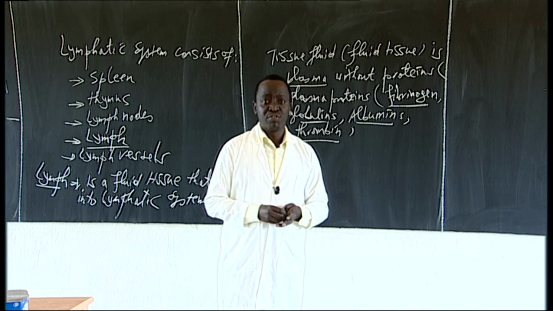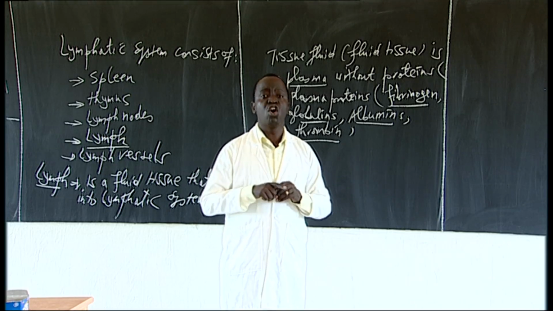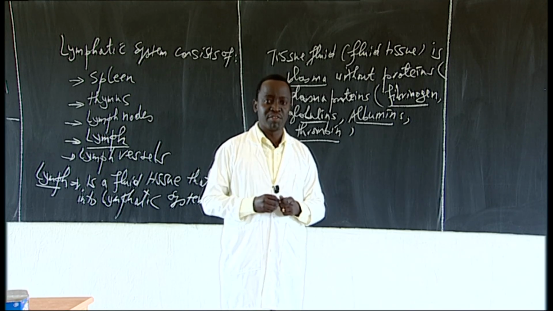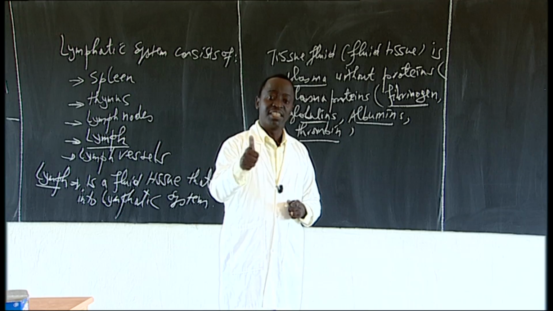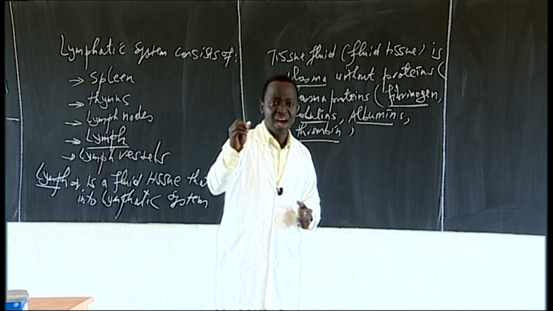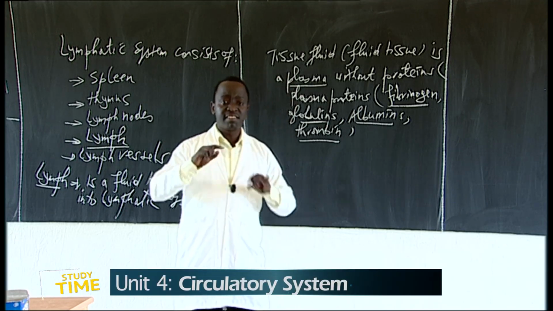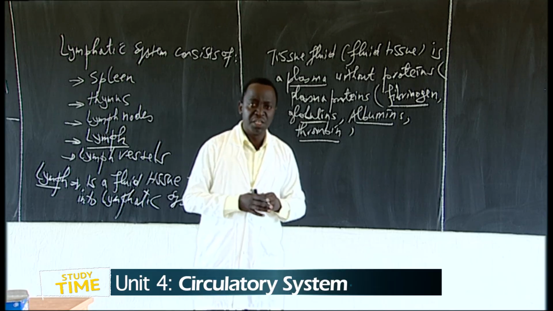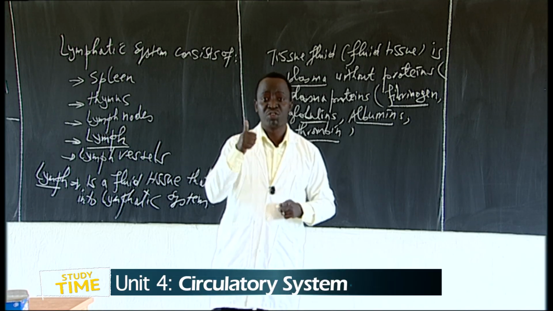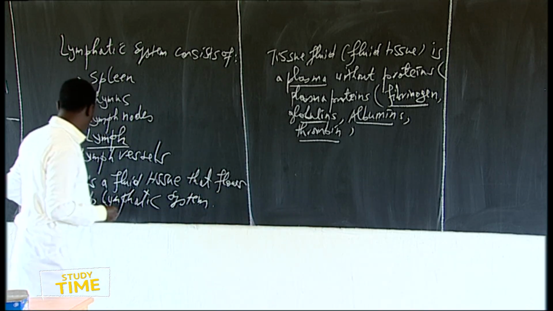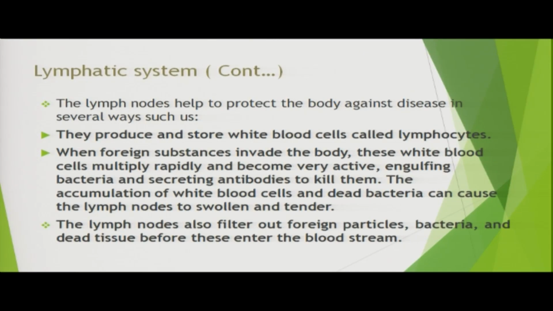Even in the plasma, you can have those plasma proteins. But if you take the plasma minus plasma proteins, what remains is what you call tissue fluid. And now, tissue fluid that saturates in the lymphatic system is what you call lymph. The lymph is a fluid tissue that flows into the lymphatic system.